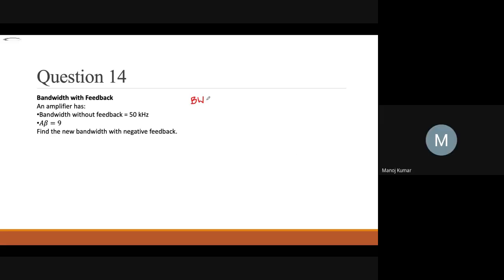Bandwidth with feedback is equal to bandwidth without feedback into 1 plus A beta.